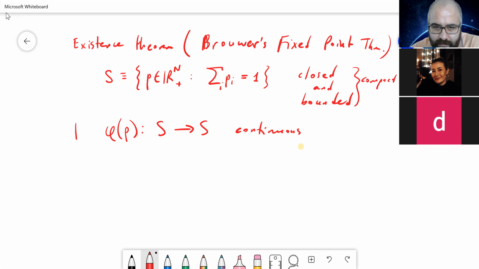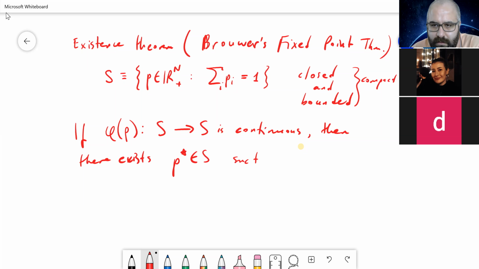So if phi of p is continuous, then there exists p star in S such that phi of p star equals p star.